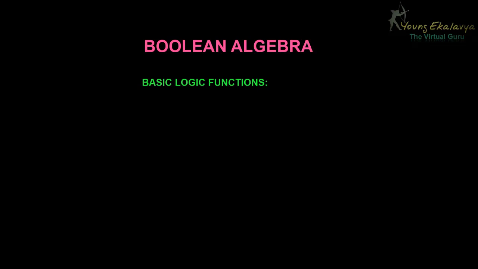In Boolean algebra, we use three basic logic functions. The first one is AND, the next one is OR, and the third one is NOT.